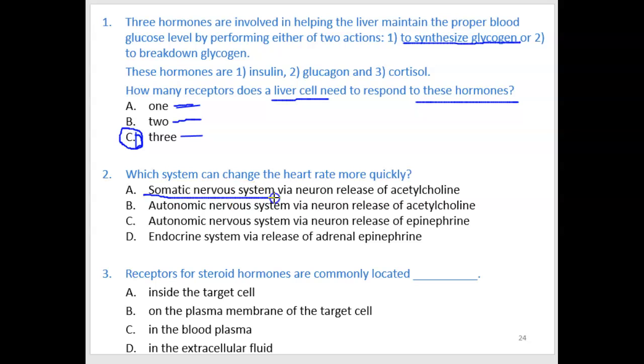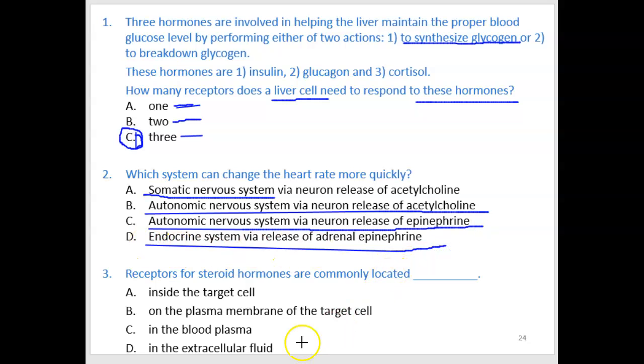Somatic nervous system, autonomic nervous system by release of acetylcholine, autonomic nervous system by release of epinephrine, or the endocrine system? Well, if you remember, the somatic nervous system doesn't innervate cardiac muscle. So that can't be true. So A is not a possibility.